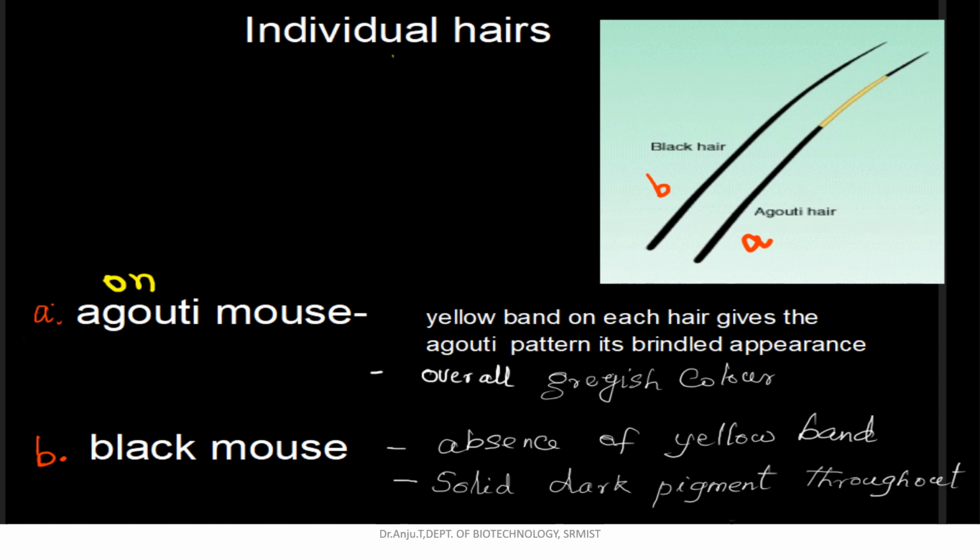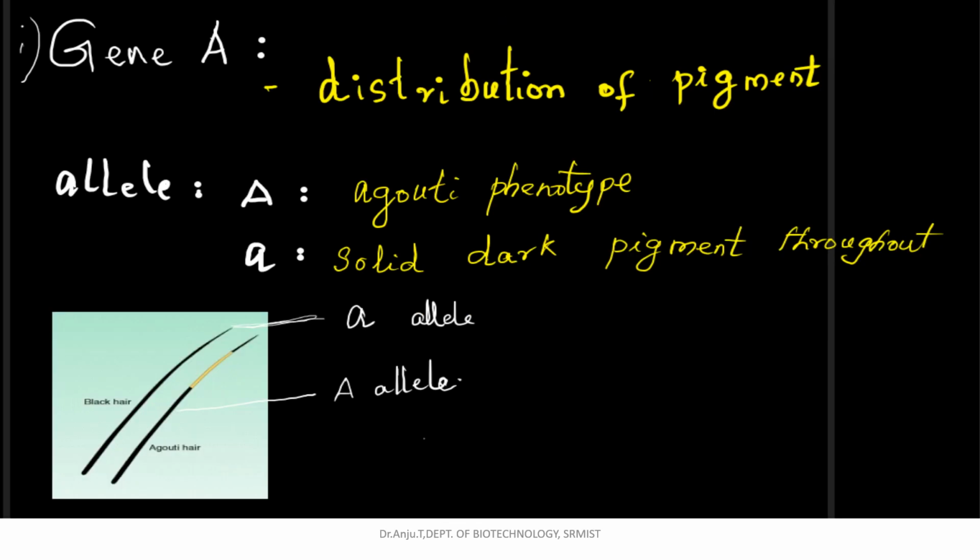The yellow band in the black hair gives this salt and pepper appearance, which overall will be a grayish coat color. And the black pigmentation is, if you take the black hair, the entire hair will have a solid black pigmentation.